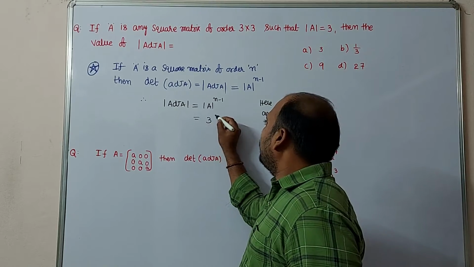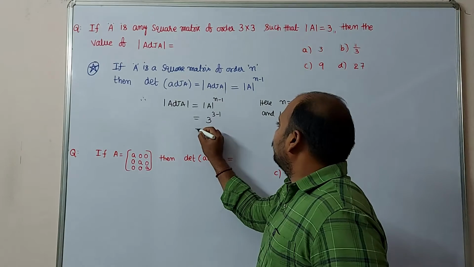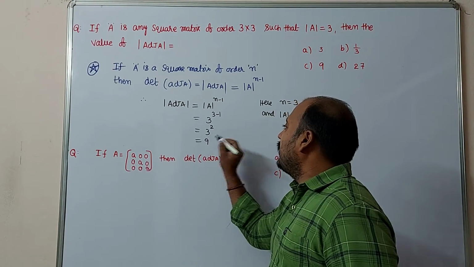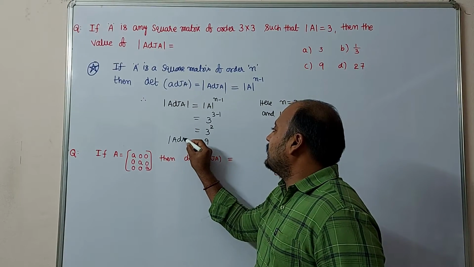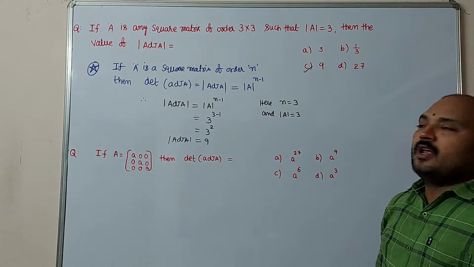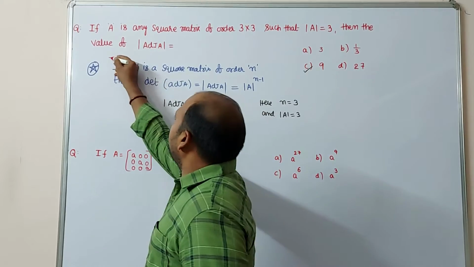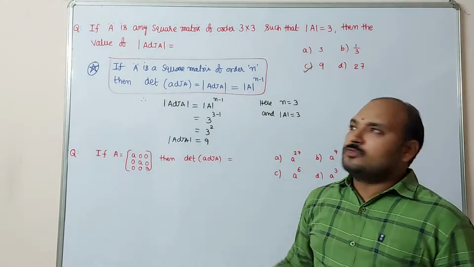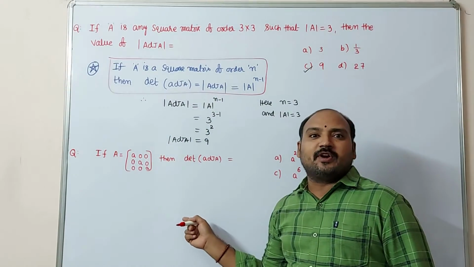So 3 power 3 minus 1, which is 3 power 2, that is equal to 9. So det of adjoint A is equal to 9, which is in the third option. So you have to remember, dear students, this is a very important result. Make a note.